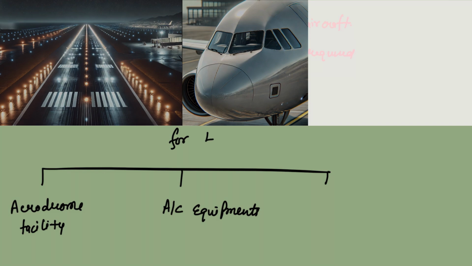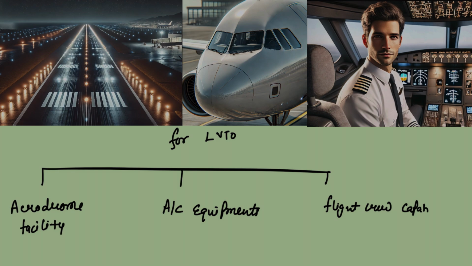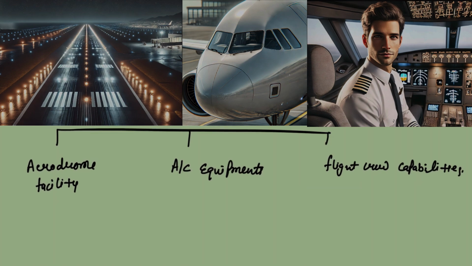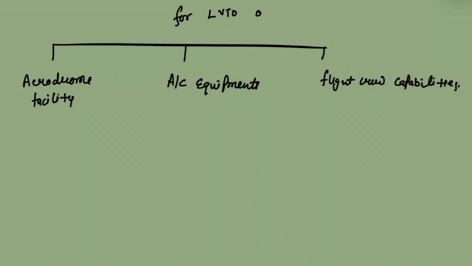They should have some specific equipment on board which is required to perform low visibility operations. Third is flight crew capabilities. Not all pilots can do LVTO operations. So these are the three components. When these three components meet and fulfill the requirements of the state authorities, then only you can perform a low visibility operation.